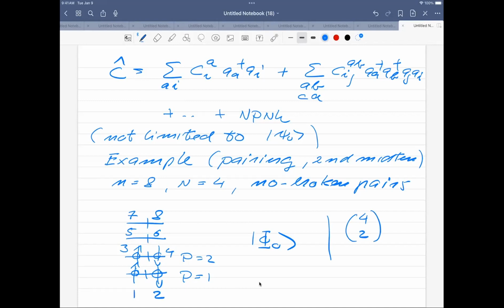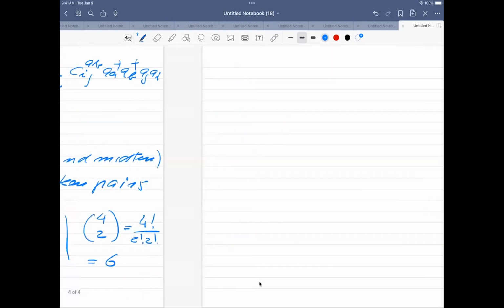And the way you can shuffle these around when you calculate the binomial factor is 6. So actually 6 possible Slater determinants with no broken pairs. When you run the calculation here, this is 4 factorial divided by 2 factorial, 2 factorial, and that gives you just 6.